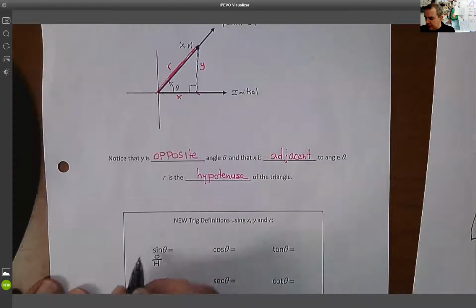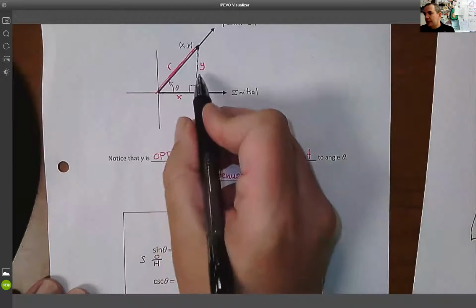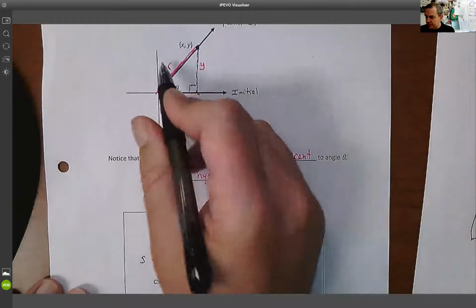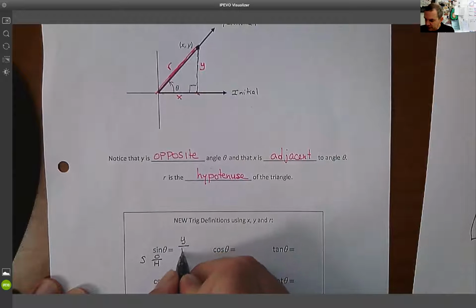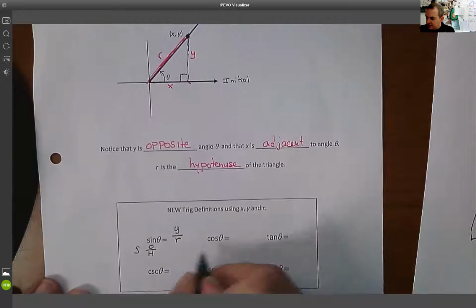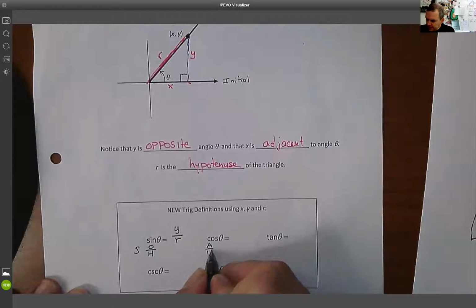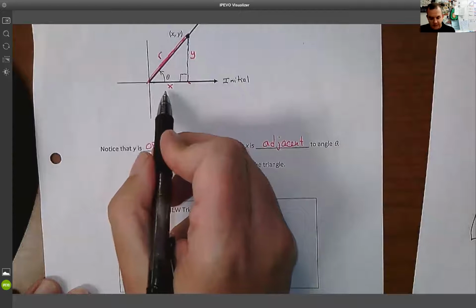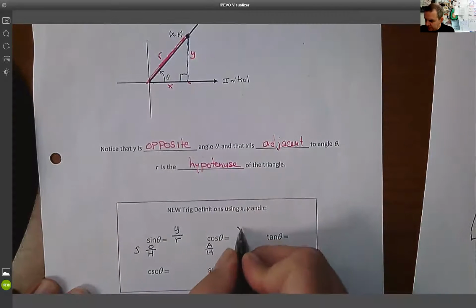That was our SO. Opposite is Y, hypotenuse is R, so we're going to redefine it as Y over R. Cosine is adjacent over hypotenuse. In this case, adjacent is X, hypotenuse is R, so we're going to do X over R.